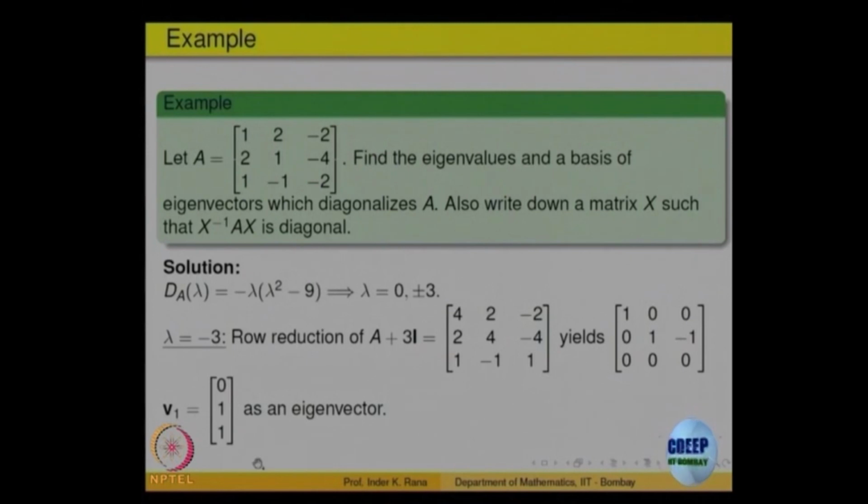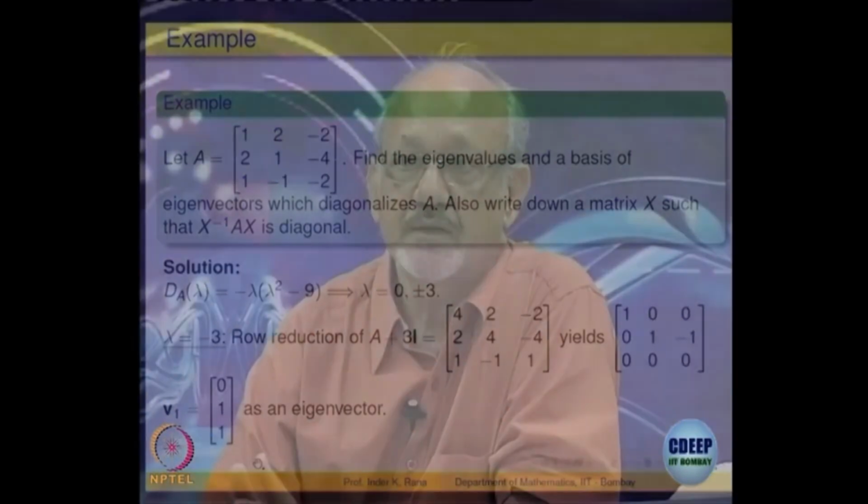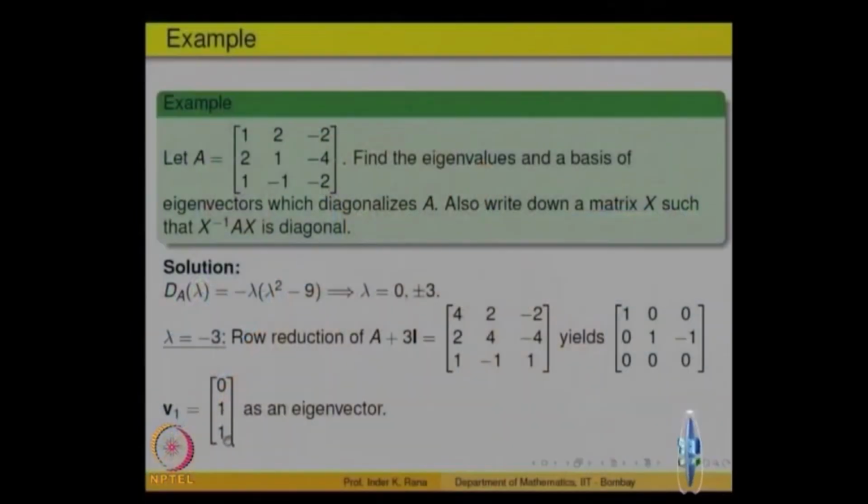So, 0 1 1 is an eigenvector. Once you have gotten the reduced row echelon form, writing down the basis for the eigen subspace or basis for the null space is quite easy. So, for the eigenvalue lambda equal to minus 3, 0 1 1 is an eigenvector, or you can also say the null space is spanned by this vector, and a scalar times this is also an eigenvector. So, for lambda equal to minus 3 we have found it.